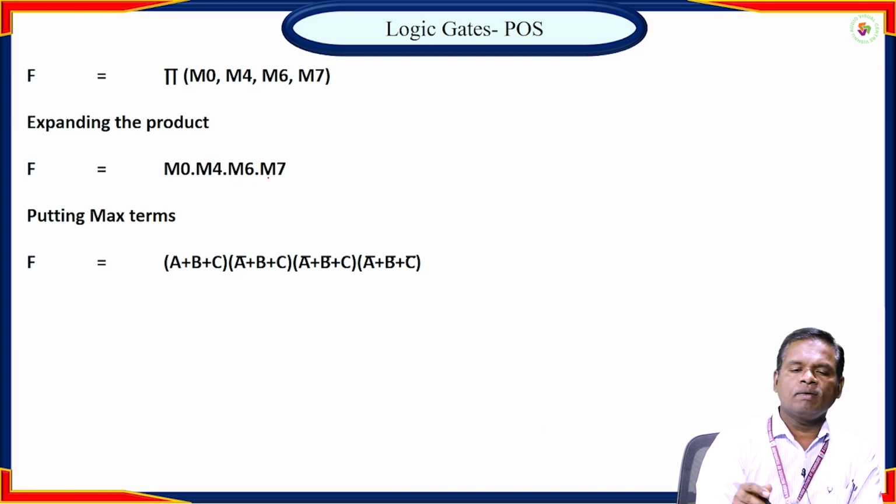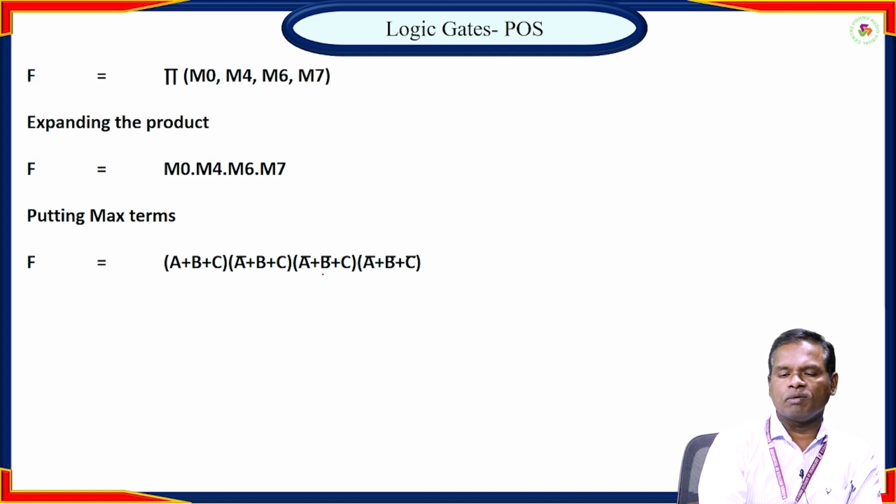And again the same thing can be written as, M0 means what? Equivalent is a or b or c, and M4, that means 100. So one corresponding variable will be in complemented form, and 0 corresponding variables will be in the true form. Similarly M6 means 110.